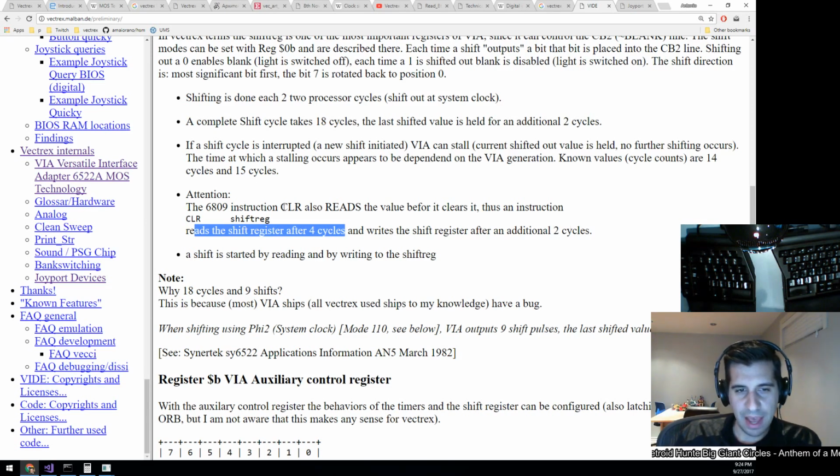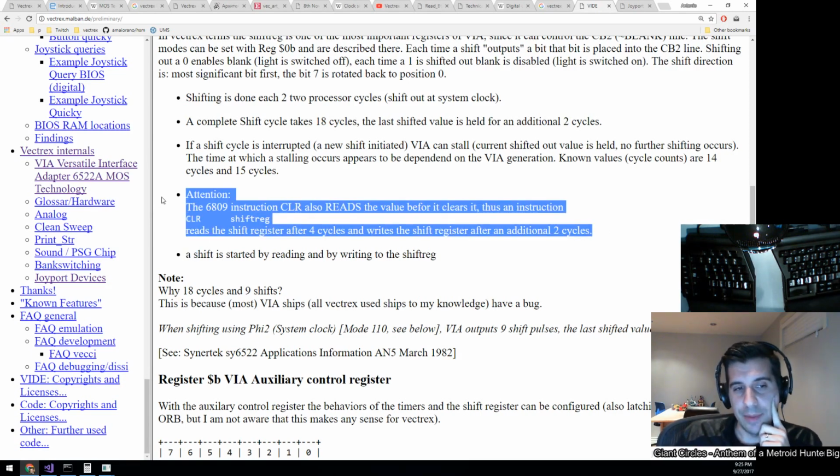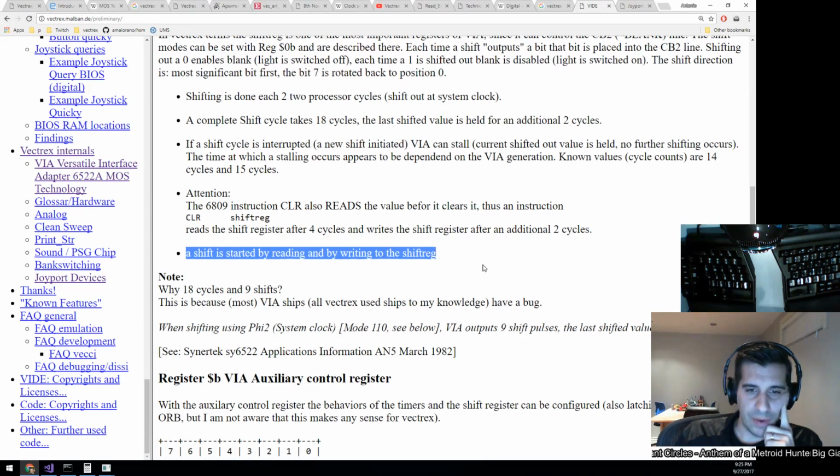So I know that we have clears on the shift register in a couple places in the BIOS. Okay, so that may be important for timing and for things to look right. And a shift is started by reading and by writing to the shift register.